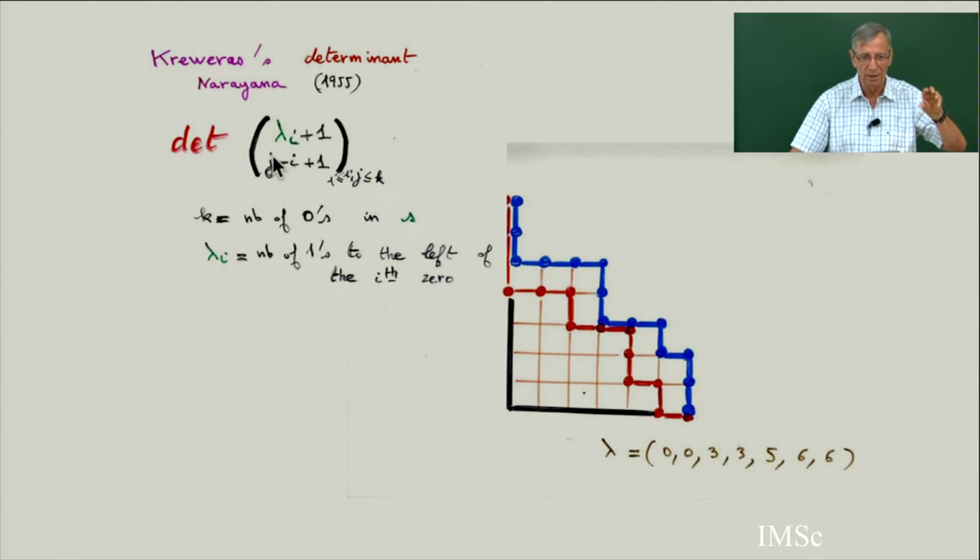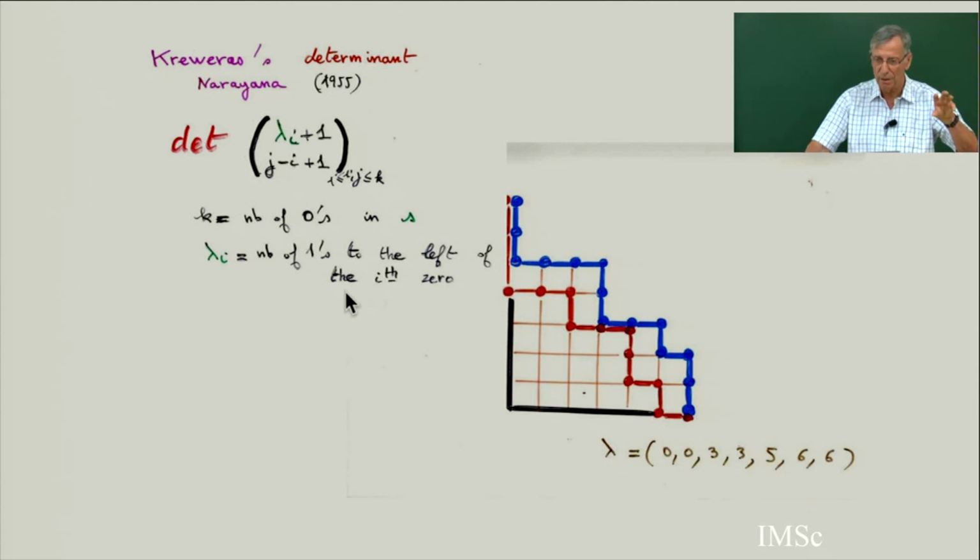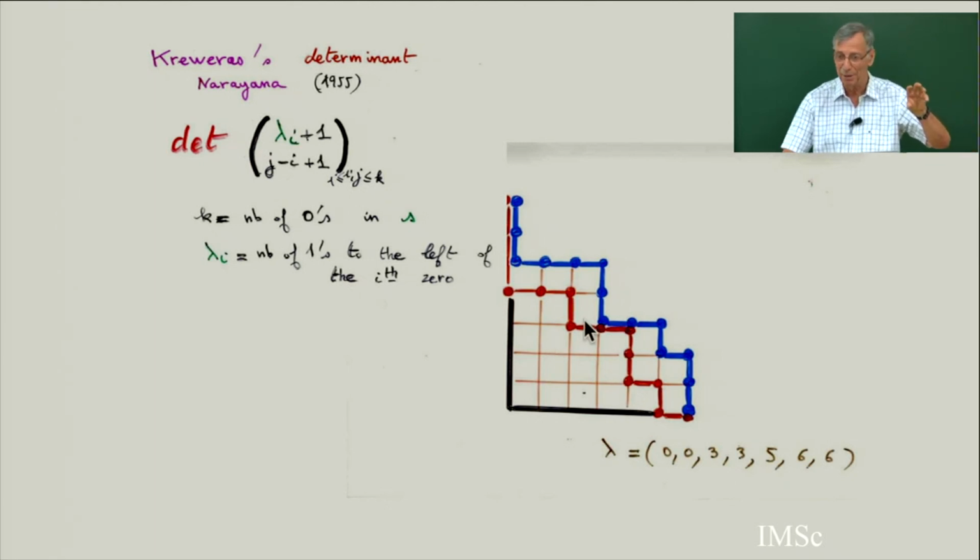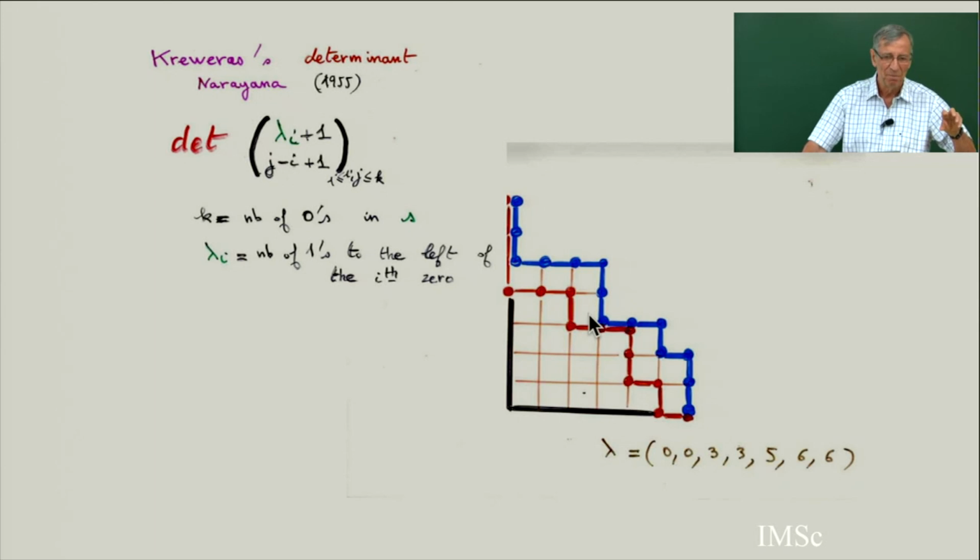So the pair of paths gives you exactly this determinant, and this comes from the LGV lemma. But the LGV lemma cannot be applied here directly. This is a k by k determinant, and here I have only two paths which touch each other. So how to apply the LGV lemma?